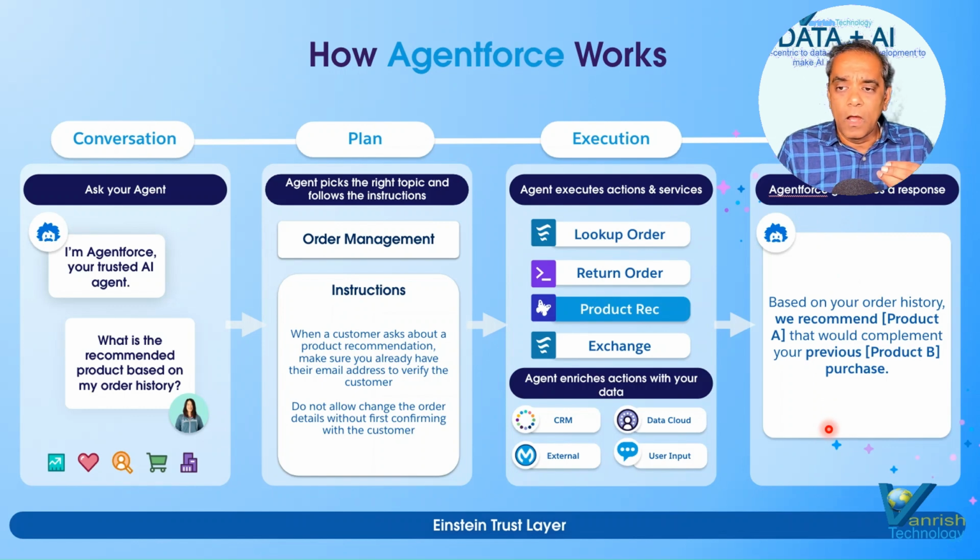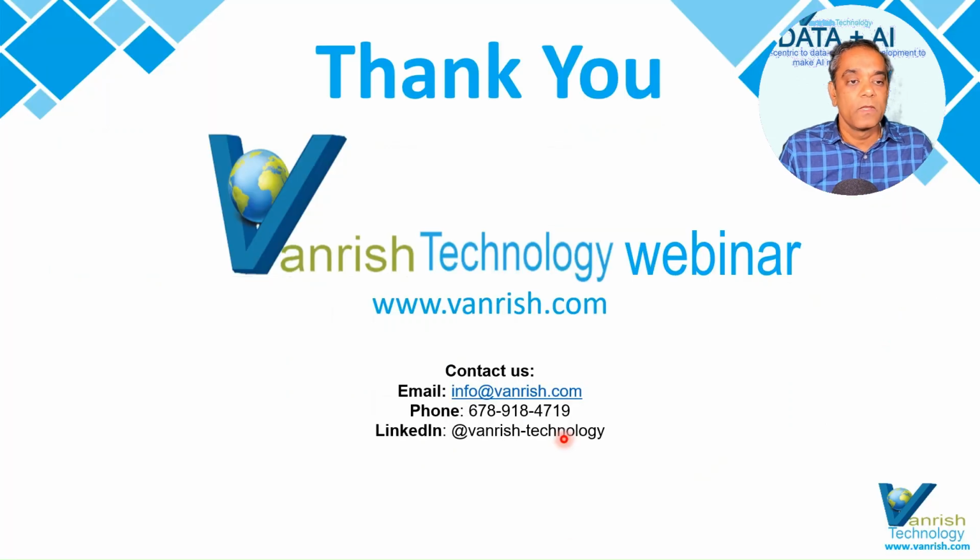Also, while prompting, it allows your enterprise to harness the power of LLMs, infusing the agent with generative capability and making the agent more intelligent. This is how it helps you. So this is what Agentforce and the Atlas reasoning engine are.